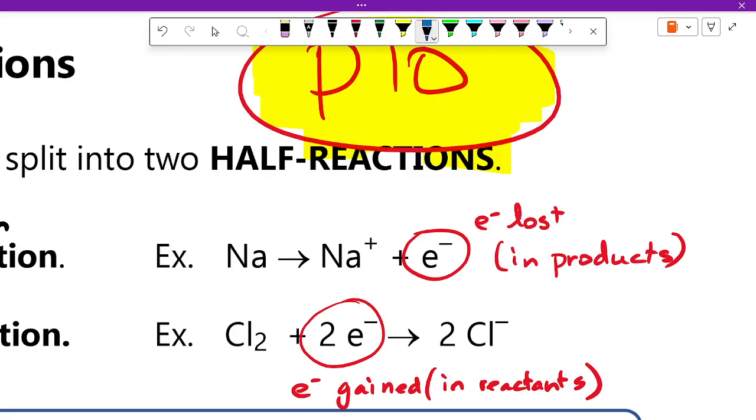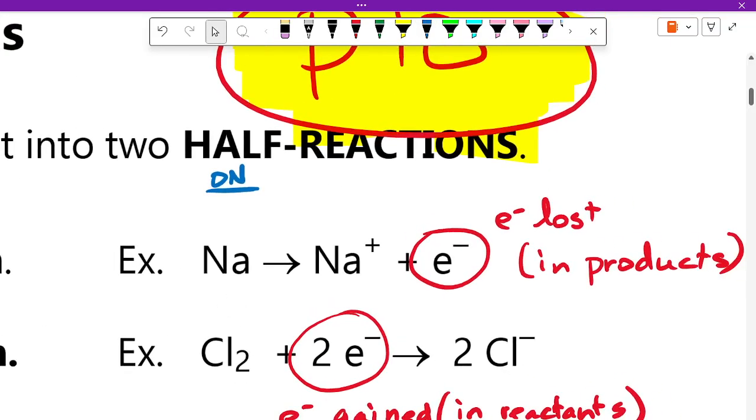What is the oxidation number of sodium on the left? This sodium here. Everybody should be able to tell me this. It is negative?